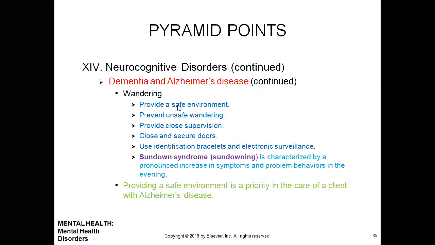What else? About wandering, provide a safe environment, right? First priority, prevent and protect from falls. Provide close supervision, close and secure the door, which means home safety. Use an identification bracelet and electronic surveillance.